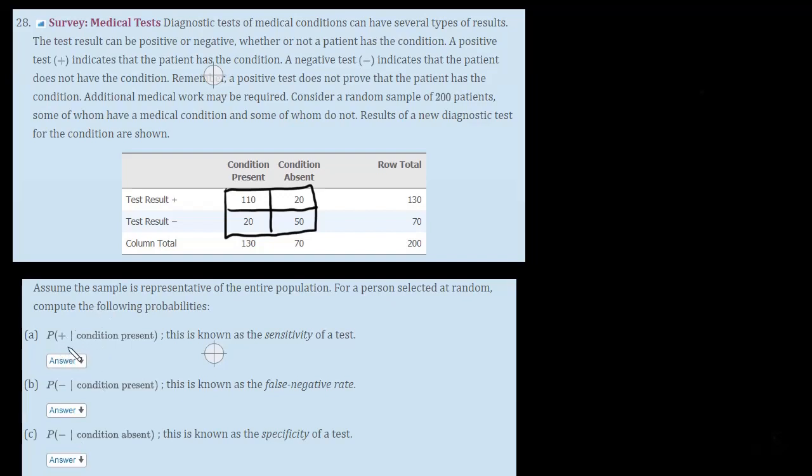So first, we want to find the probability of a positive test given that the condition is present. All right. So whenever you see this bar, right, it means given.